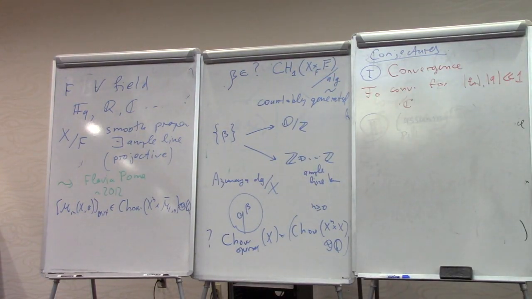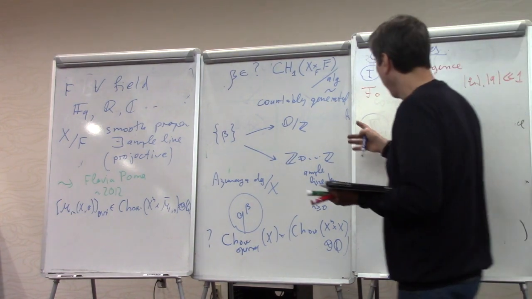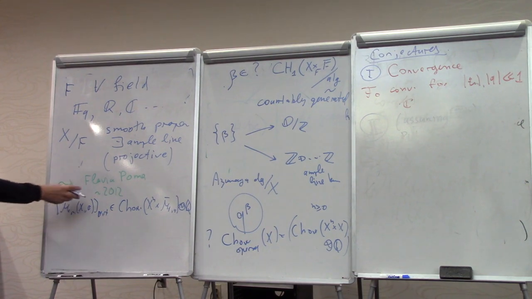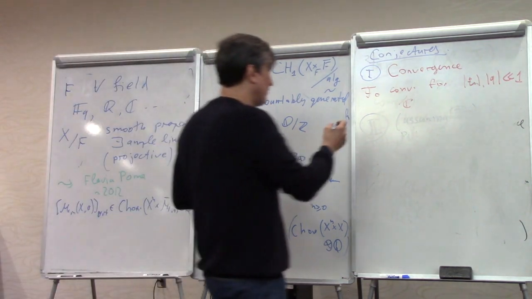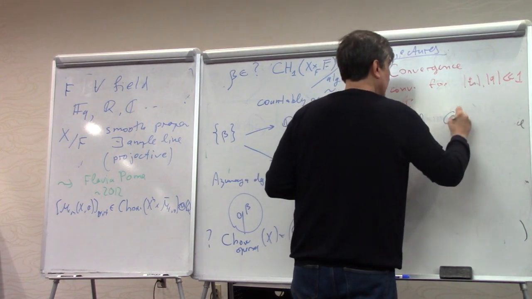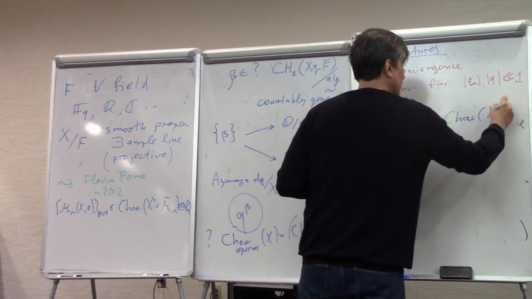Okay, now what about convergence conjecture? Convergence conjecture one can formulate pretty easily because we get elements of Chow ring, and one should define some kind of norm on Chow group, on Chow X to power n.